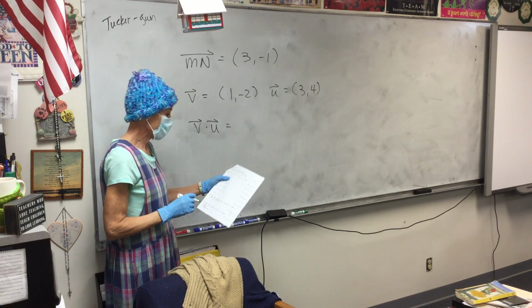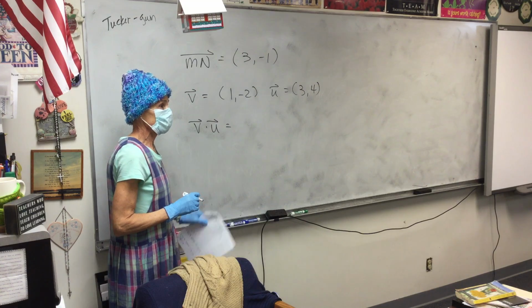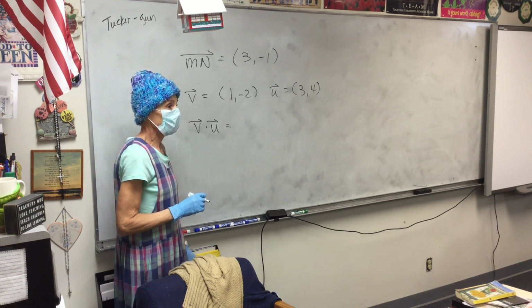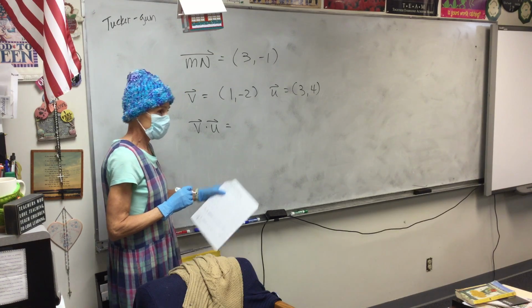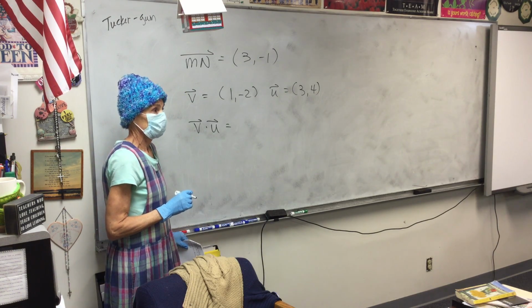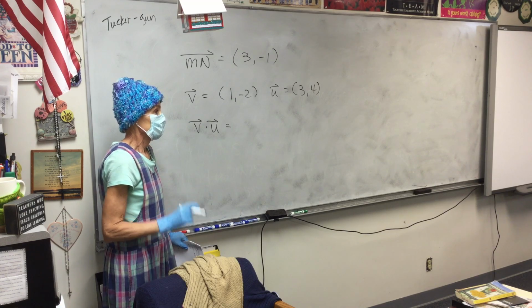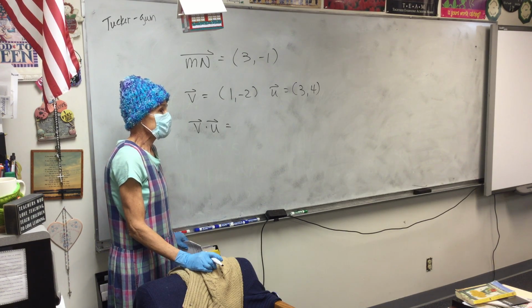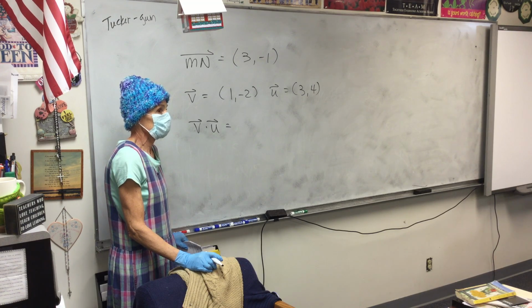Okay, I am on Prequest number 1, question number 2A. How do I find the dot product of V and U? Who can tell me how to find the dot product?